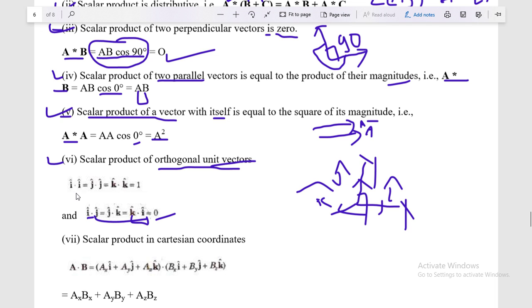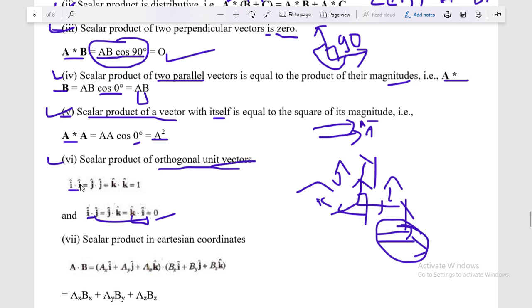Now we are going to understand this part. In this part you can see i dot i. If you take i, then i is along the x-axis, and again i, this one, is along the x-axis. It means these two are parallel to each other. Okay, i and i are parallel to each other, so the angle between them is 0.